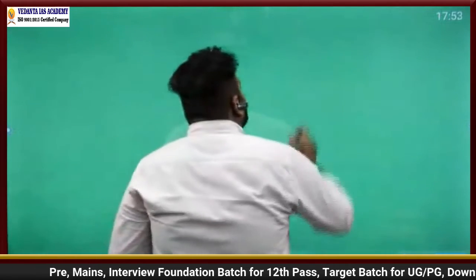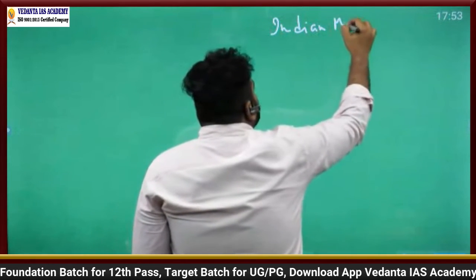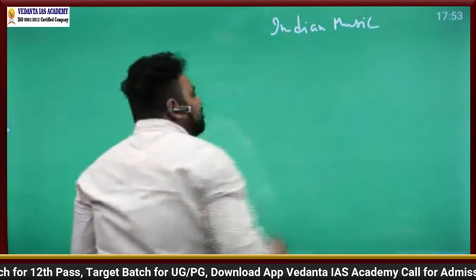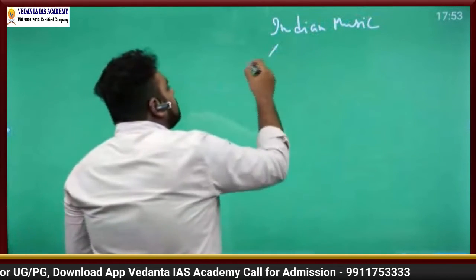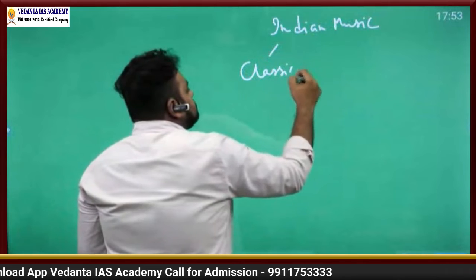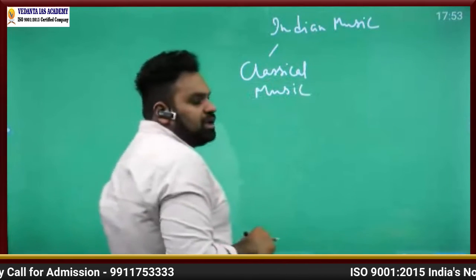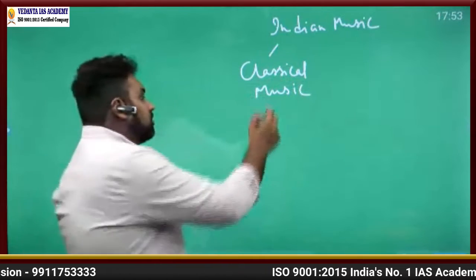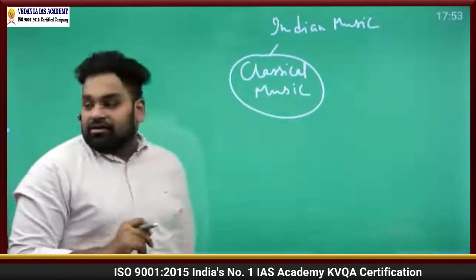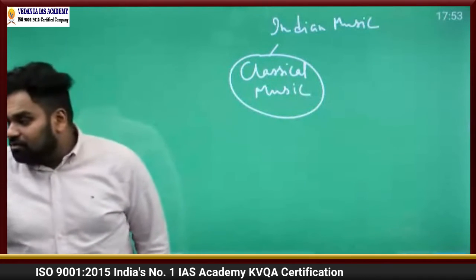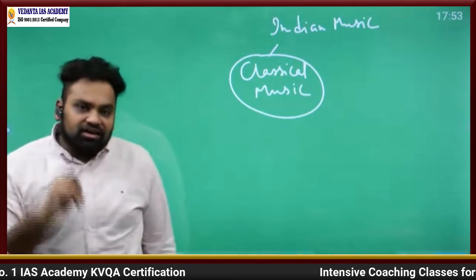And finally, the last important topic is Indian music. Specifically the classical music, which people sometimes find very, very boring, right? 90% of Indians actually tend to find classical music boring. So I have actually devised a way to make it interesting.